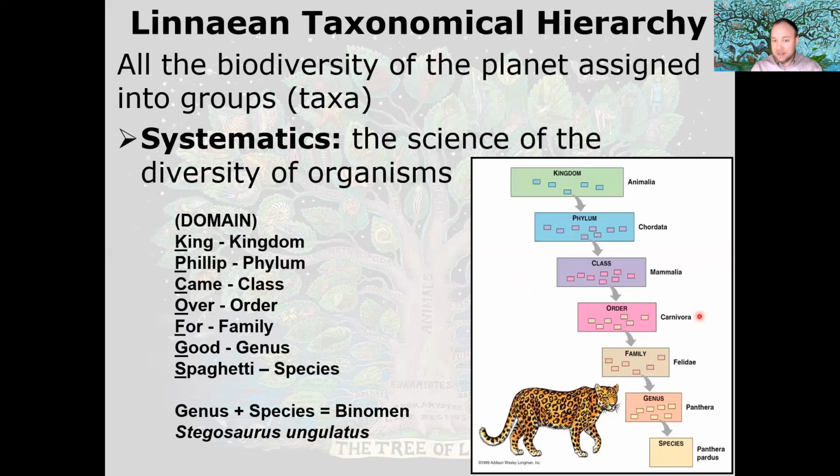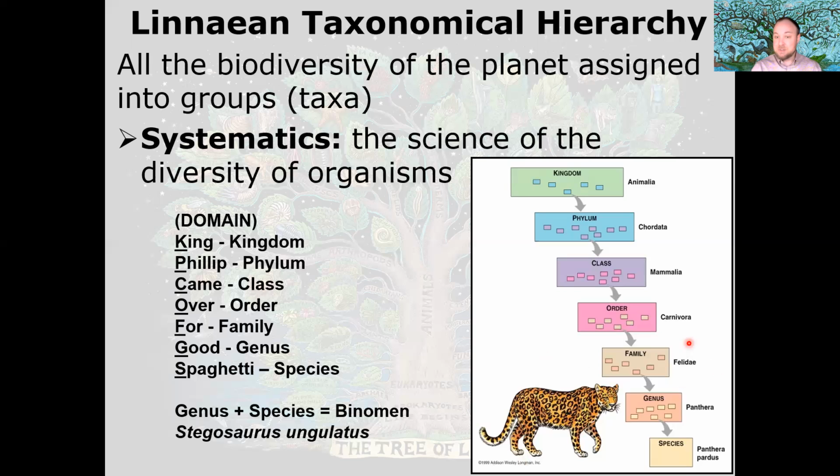The order, getting a little bit more specific, is Carnivora, things with sharp, pointy canine teeth for ripping and chewing and devouring meat. The leopard is in Carnivora. More specific than that, the family is Felidae, the felines.